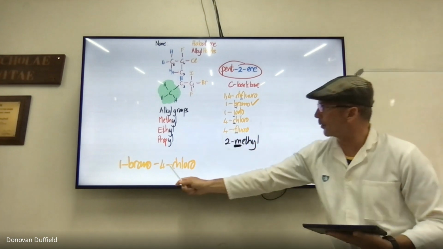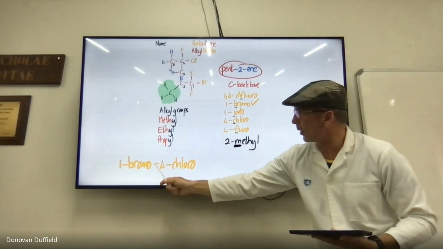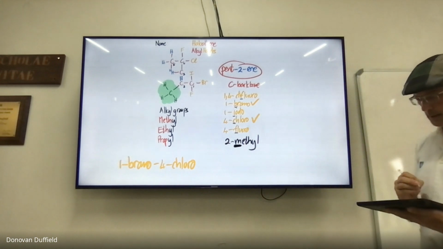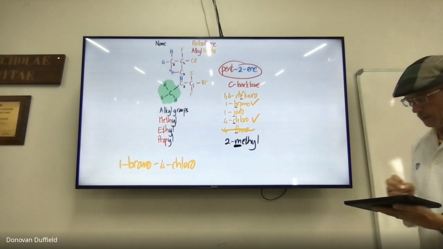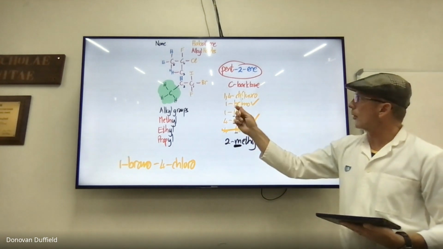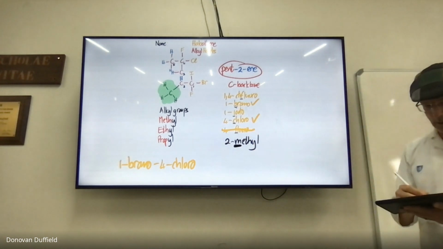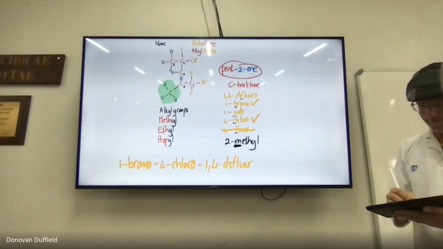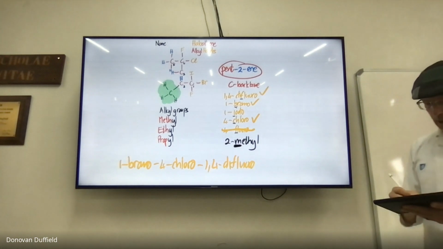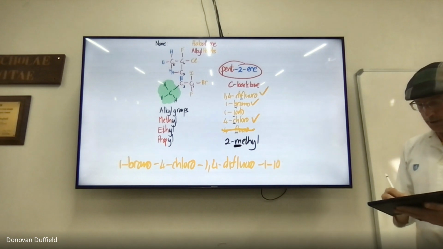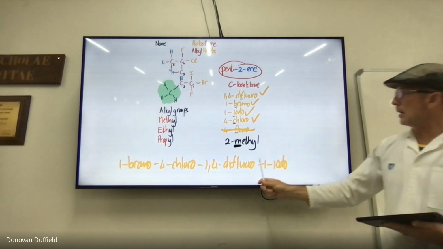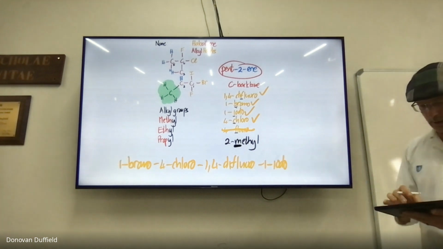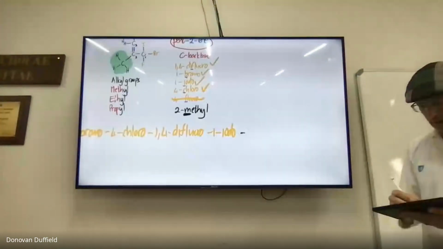Note that I put a hyphen between 1-bromo and 4-chloro. What would be the next? Okay, we have the fluoros out, would be fluoro, eh? Correct, so it will be 1,4-difluoro. Then it's going to be 1-iodo. The methyl, the M comes after the I, so that's going to be 2-methyl.